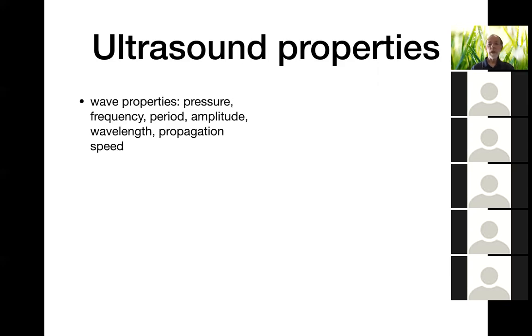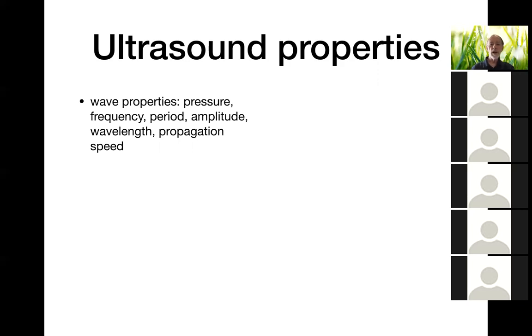And we talked first about wave properties. So the fact that the ultrasound is in the form of a wave. It consists of pressure variations. So the pressure in the tissues increases and decreases in an oscillating way.